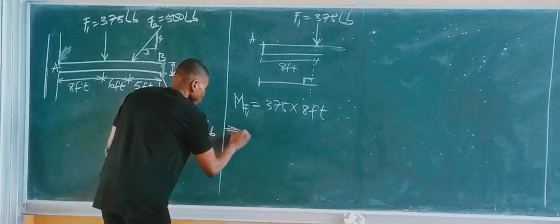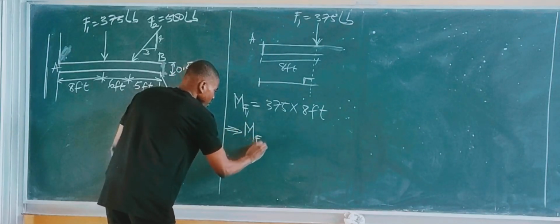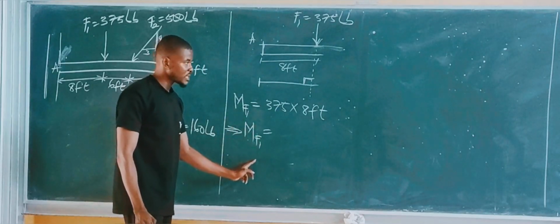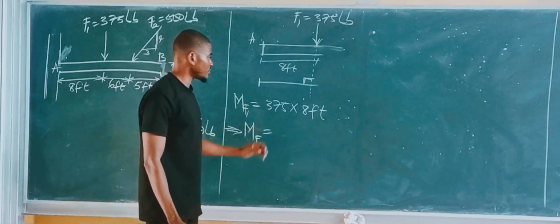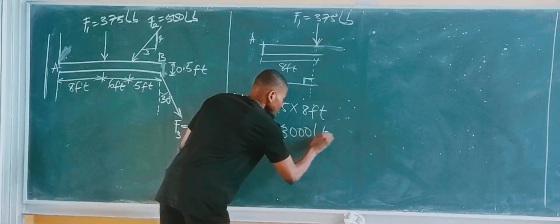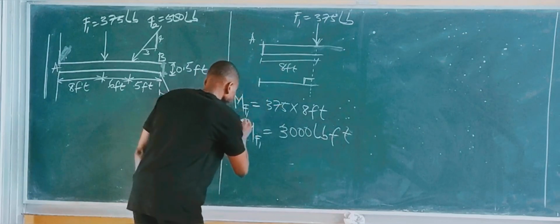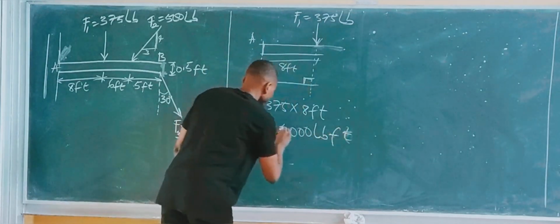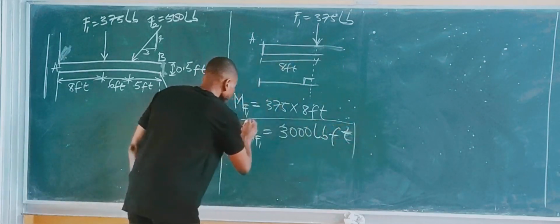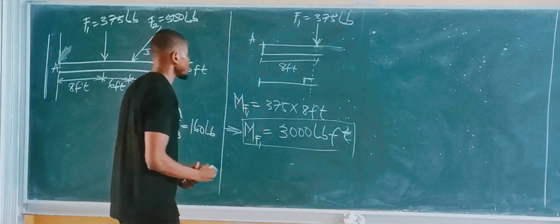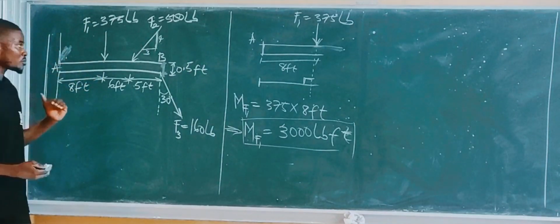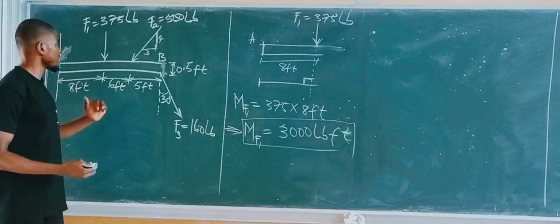That implies that the moment of the first force, MF1, which we use to represent the moment of the first force about point A, is simply equal to 3,000 pound-feet. Alright, so this is the moment of the first force about point A: 3,000 pound-feet. Now let's move on to the next force.